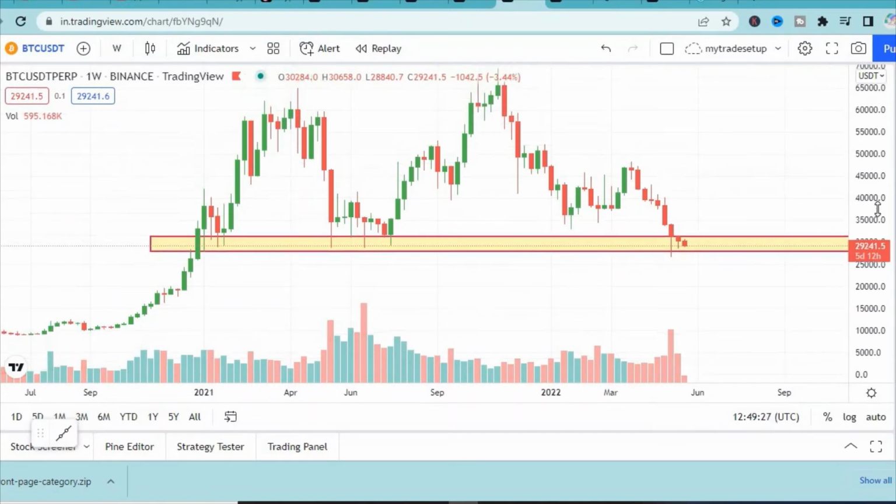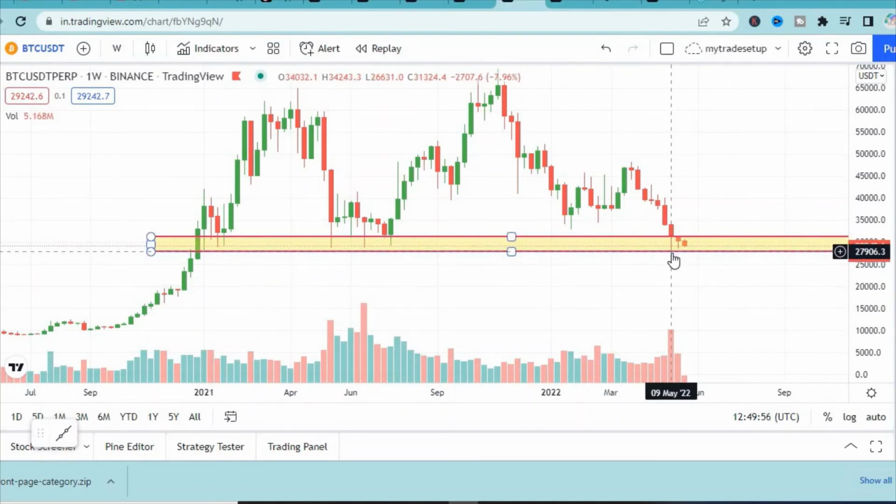If we review the weekly chart of Bitcoin, it's the 8th consecutive week of red candles. 1, 2, 3, 4, 5, 6, 7, 8. 8 is done, 9th week now. All are looking red. But at the moment it's trading within this crucial support band.